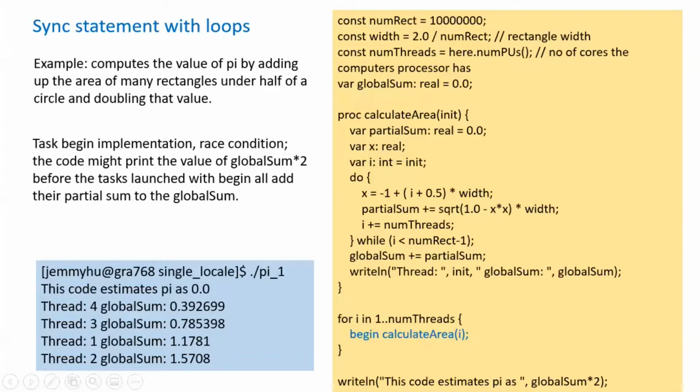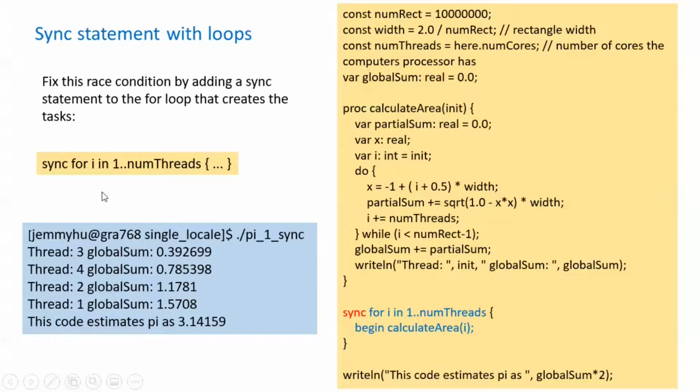The simple solution could be as simple as putting a sync statement on this for loop, and basically you force the main thread to wait until this is done. In this case, you can say it fixes this sort of race condition, and this all comes first, and then your code will print out the right results for you, right?